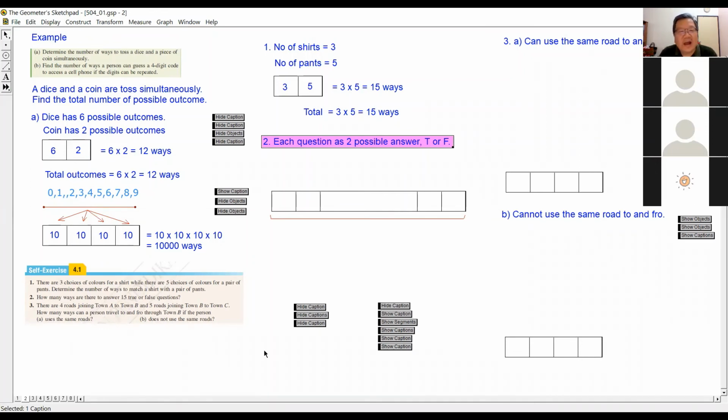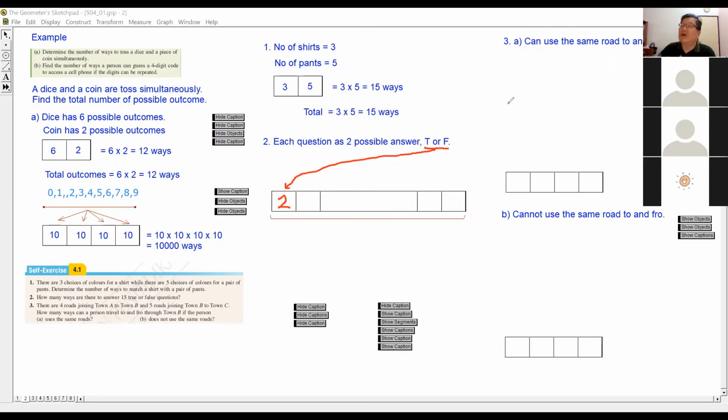So let's say I have 15 questions. So the first question, how many ways can I answer the first question? This box represents the first question. I can answer it in 2 ways. Why 2? Because I've got 2 choices, true or false. How many ways of answering the first question? 2 ways.